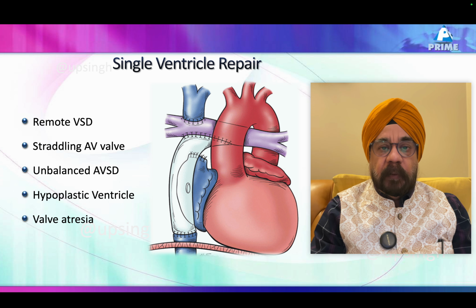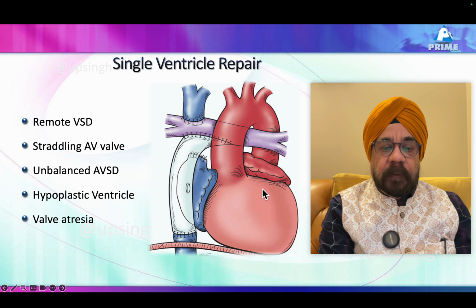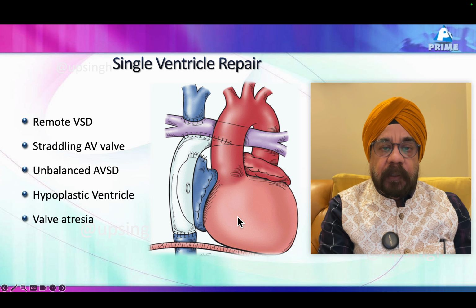It's not possible because one ventricle is too small or not connectable. What do we do? We connect the one main ventricle or both the ventricles to the aorta. So the single ventricle is supporting systemic circulation.